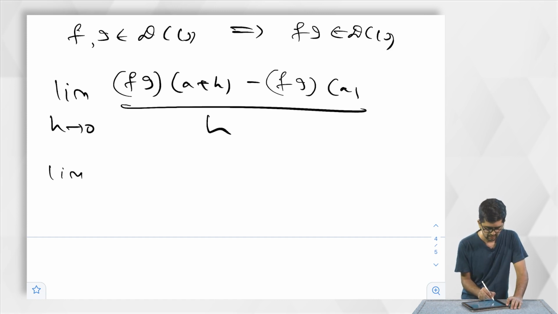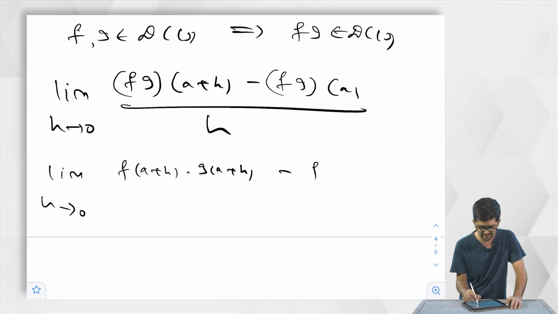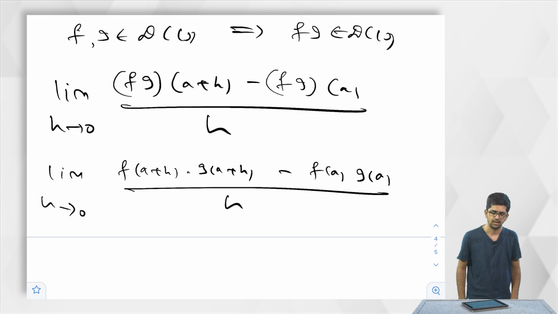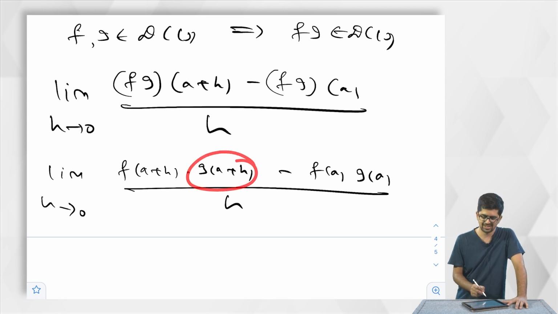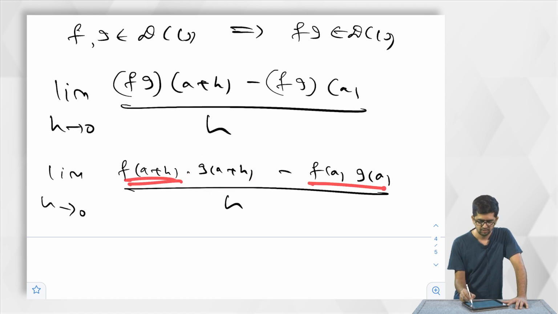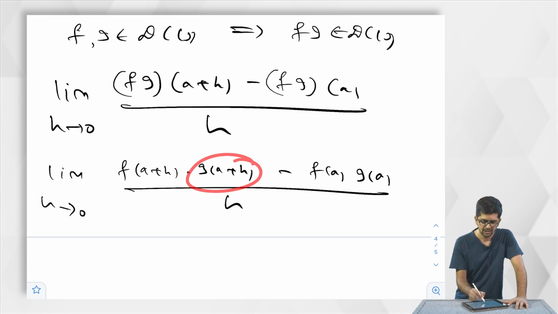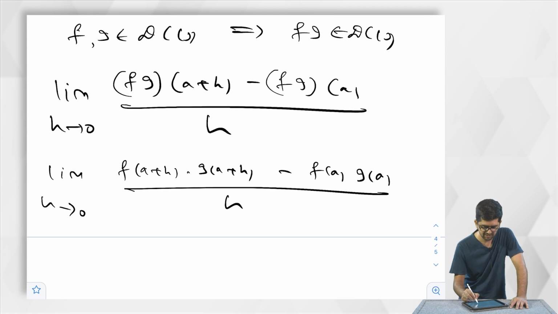So, let me write down the limit as h goes to 0 of f of a plus h times g of a plus h minus f of a times g of a, by h. Now what do I do? I cannot take g of a plus h as common for these two, because there is no g of a plus h here. If I am able to take this component common, then I will have f of a plus h minus f of a by h, and if that limit exists, then we are done. But that option is not there here.